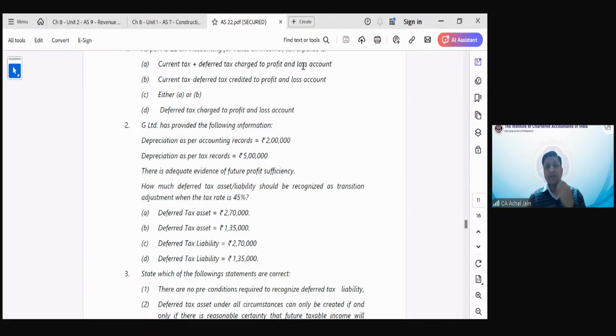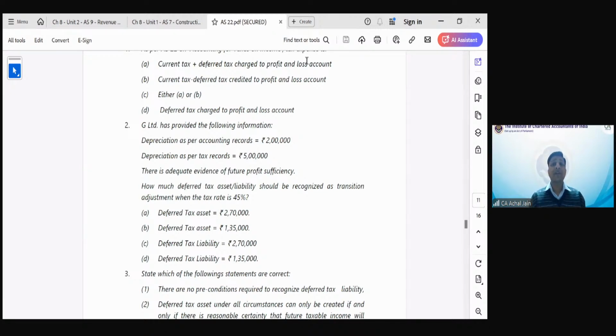Let's try to understand the difference. Do we have any timing difference in this? The answer is yes. The timing difference is depreciation as per books minus the tax, 3 lakhs. Now the question arises whether on this timing difference we have a deferred tax asset or a liability. Income tax has allowed higher depreciation today, so in the future income tax will not allow this much depreciation.